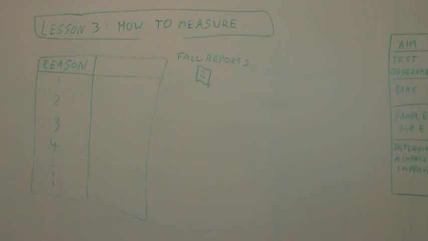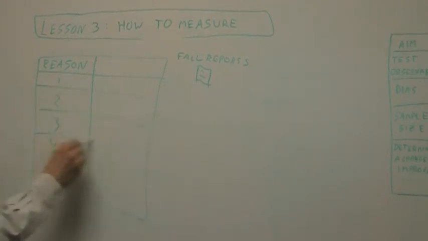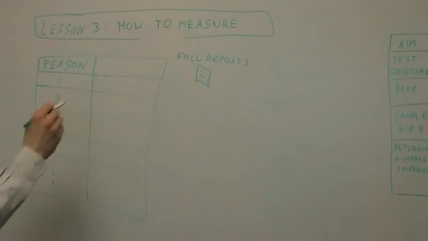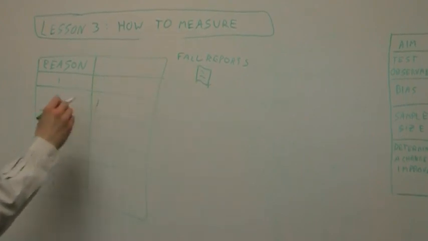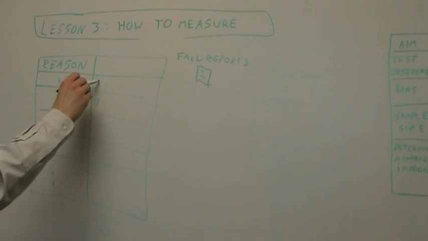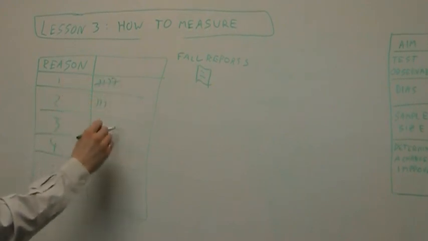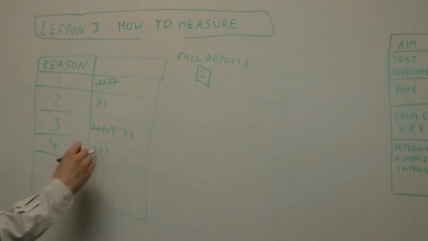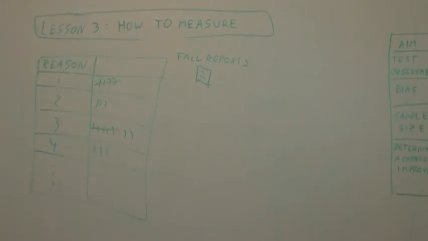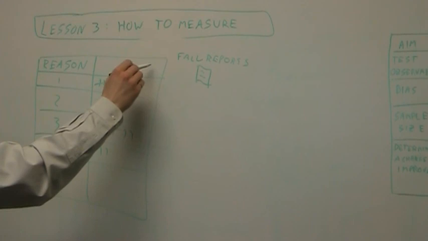In any case, they look at the fall reports and note what the primary cause of the fall is, and each time they mark it on their sheet of paper. So they look at the fall report, and if it's reason 2, they make a mark there, and so on. So in the end, you get lists like so, and then you can tally them up.